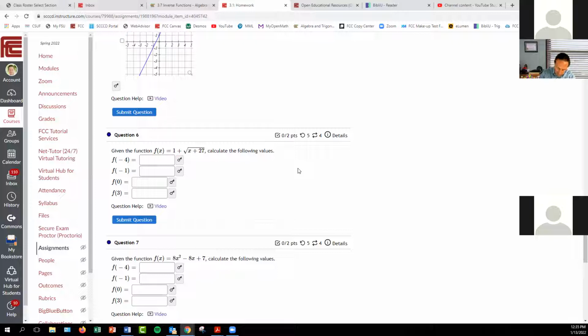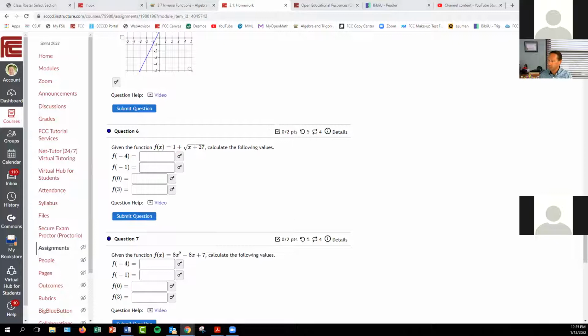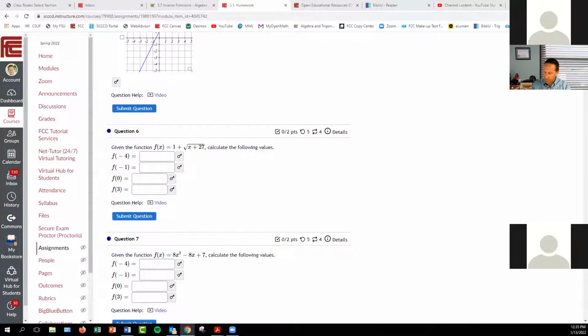So remember, we did something like this in class if you were there on Tuesday, where we are going to be what is called evaluating a function. And no matter what the function is that they give us, we should be able to evaluate or plug in basically whatever they tell us to replace the variable x in this case with.